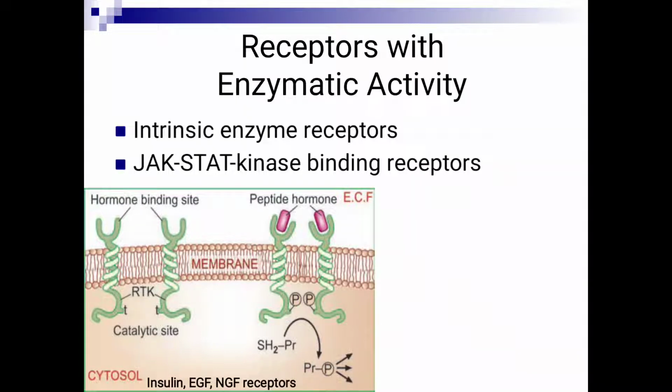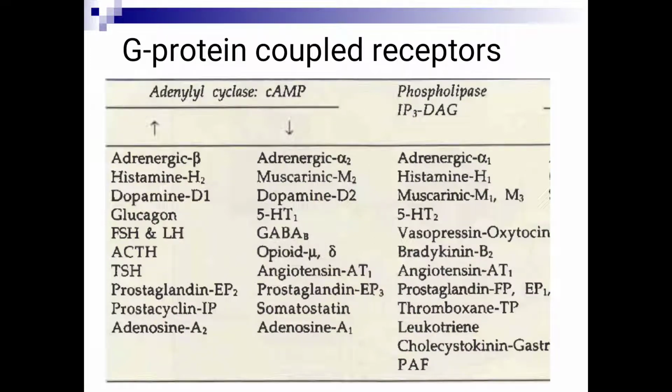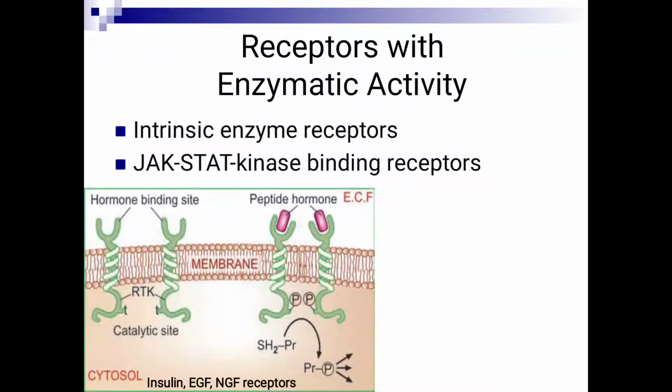So it is a receptor with enzymatic activity. Examples of ligands for this type of receptor are insulin, EGF, epidermal growth factor, and nerve growth factor. These are the receptors with enzymatic activity.